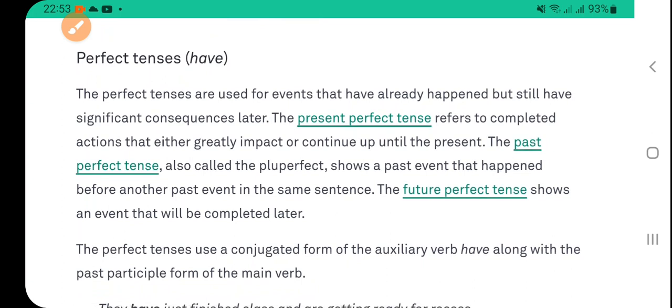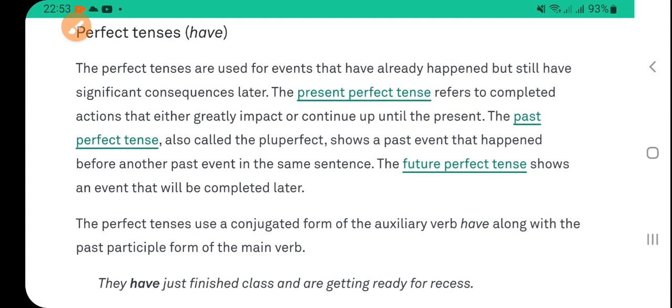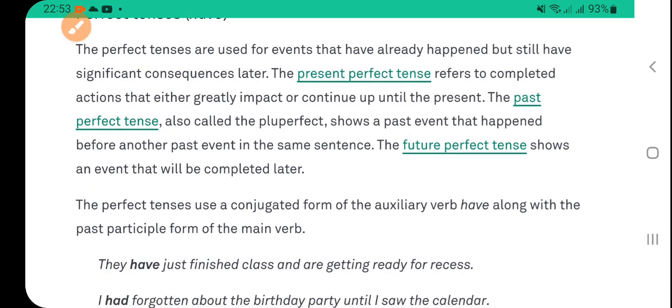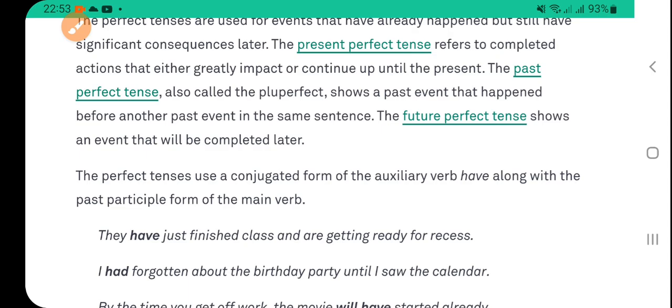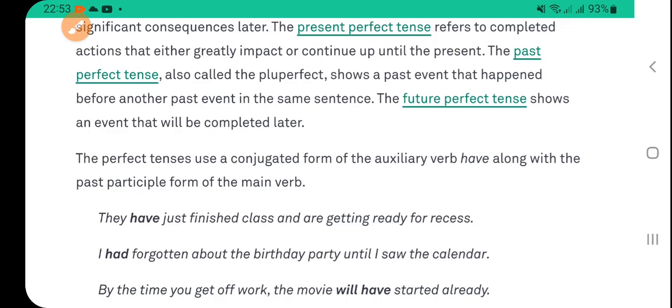Then perfect tense, have. The perfect tenses are used for events that have already happened but still have significant consequences later. The present perfect tense refers to completed action that either greatly impacts or continues up until the present, right?